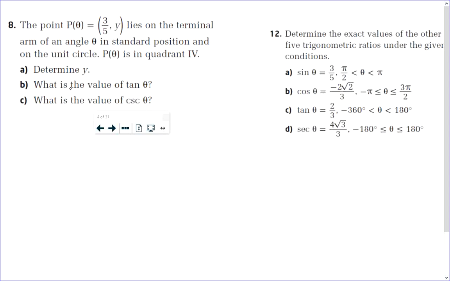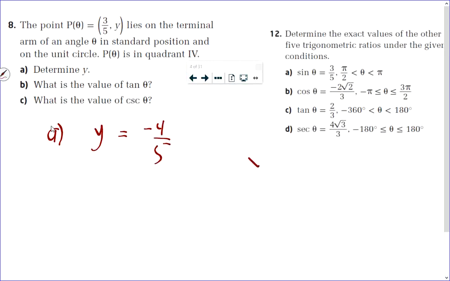Okay, so we have a point that's on the terminal arm. It's in quadrant 4. So you've determined y already, and I believe for A, you've determined y to be -4/5. Am I right? Okay. And just for anybody else that's wondering, what Ryan and I both did to find the y coordinate was put 3/5 here.